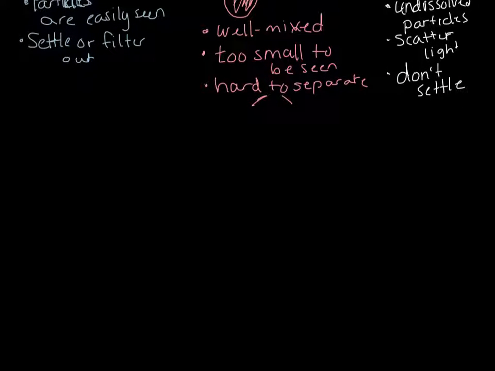So a good example of a colloid is fog, because you can actually see the particles of fog. And they don't settle out. The only reason why the fog goes away is because eventually it burns off.